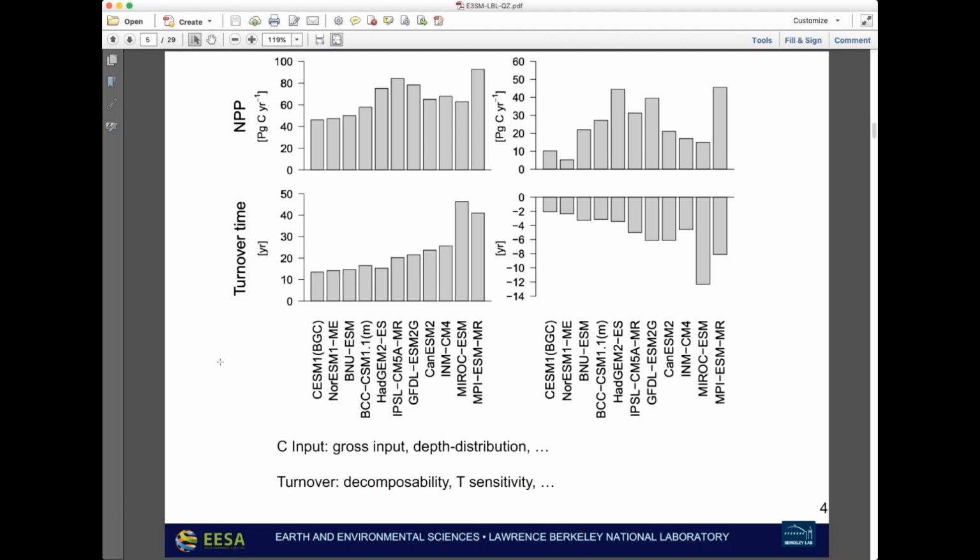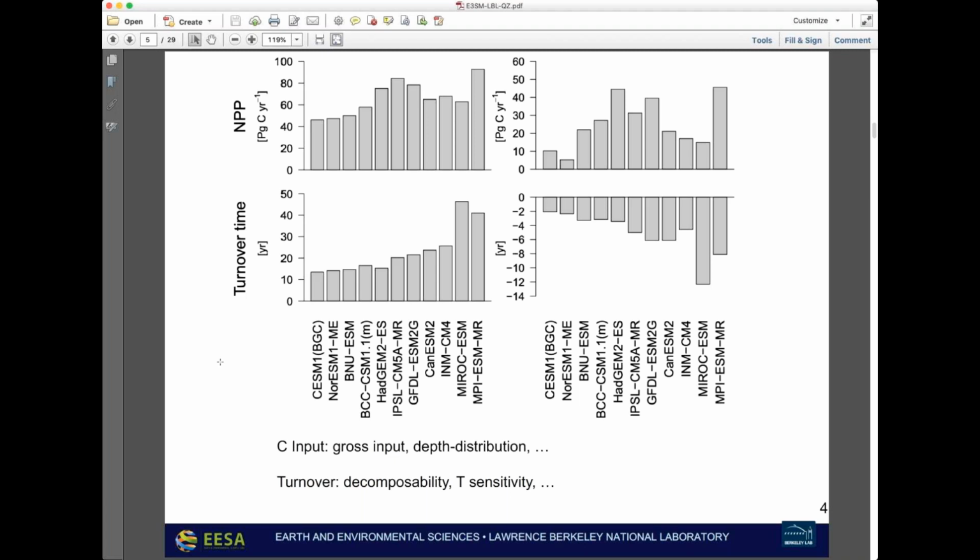So to look at what controls the emergent SOC stock, we have to care about both the net input, that's the NPP, and also the turnover time. That's how long the carbon input into the soil can actually stay in the soil. In other words, that's the decomposability. And if we want to do a projection, the temperature sensitivity will also be very interesting, particularly for the high latitude system.